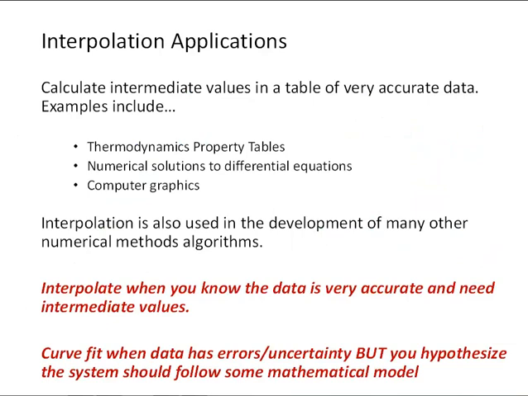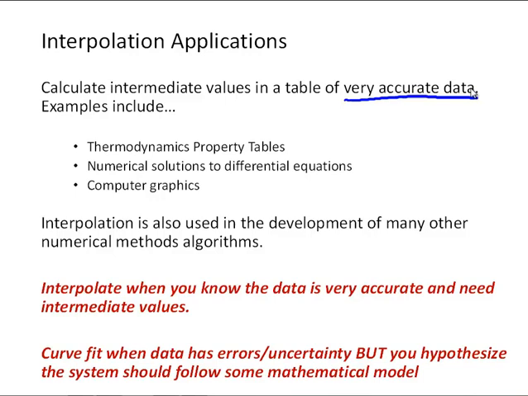So one application is to calculate intermediate values in a table of very accurate data. So if we know that the data doesn't have uncertainty in it, we're not using a mathematical model to try and correct for that uncertainty or explain that uncertainty. We are just going to take the data as basically being factual and use interpolation to find intermediate values.